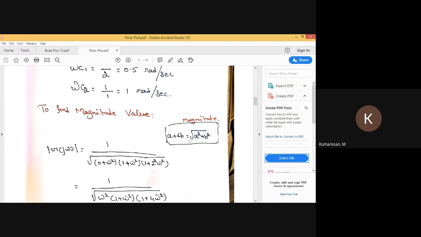So the magnitude of G(j omega) is nothing but 1 divided by root of, what is the first term? j omega. There is no real part, only the imaginary part. So the real part is 0 plus omega, the imaginary part, since j omega is there.